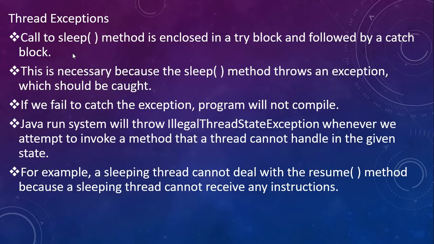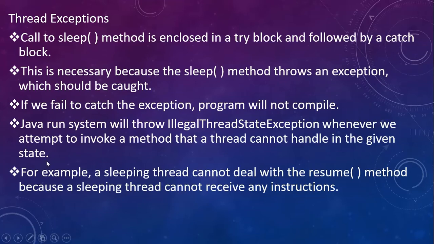In that case, your sleep method will not execute. There will be a problem. The sleep method can be called only if a particular thread is running. So if it is already in a blocked state, how can you? As a result, whenever you are using the sleep method, a careful exception handling mechanism is required.